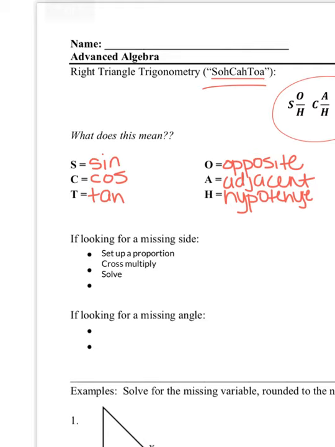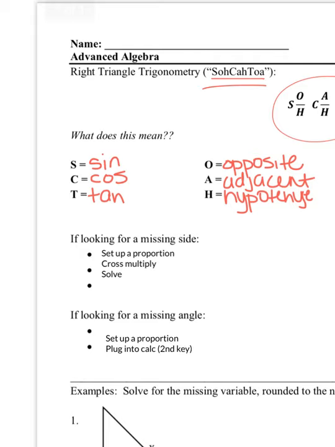If you're looking for a missing angle, two steps. Your first step, same thing, set up a proportion. You're going to label your sides and everything, and then you use that to set up a proportion. And your second step is pretty much to solve. You're going to plug that into the calculator, and the way that you do that is by using the second key.